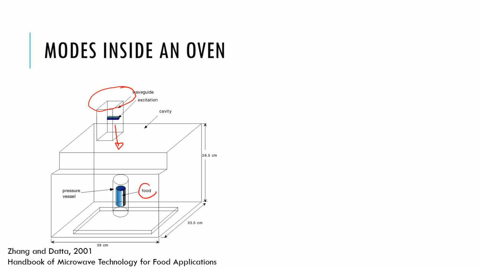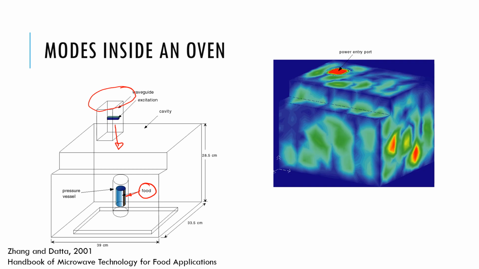And here is my food sitting in the middle, a cylindrical food. So it's going to set up this 3D standing wave pattern inside. And why I am showing this one is that we did a full 3D simulation of this oven, and here is how it looks.